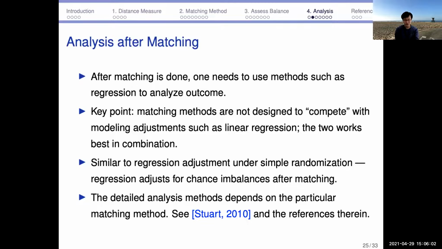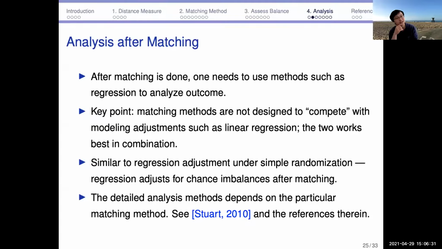We're not doing any theory, partly because the theory is very difficult and I don't know the theory very well, but partly because the application is so common. I want all of you to be aware of how to do applied data analysis using matching, so that it might be useful for your future research.